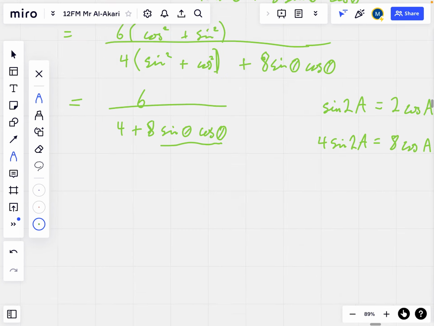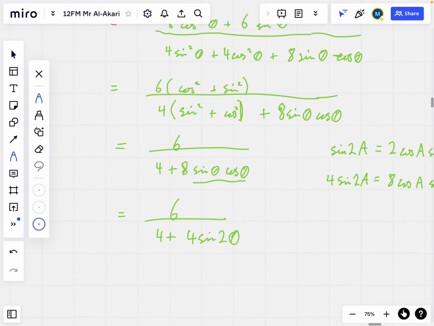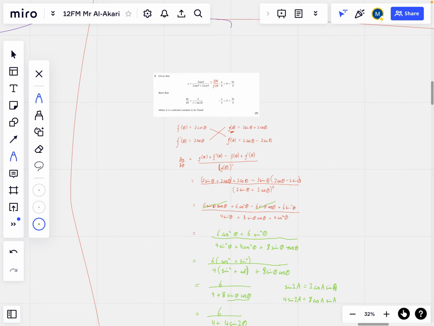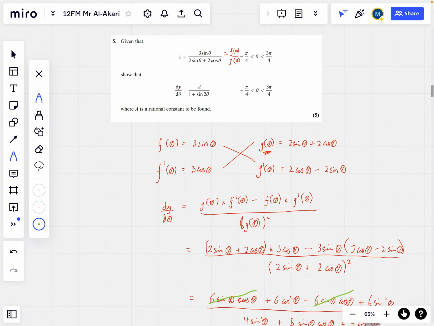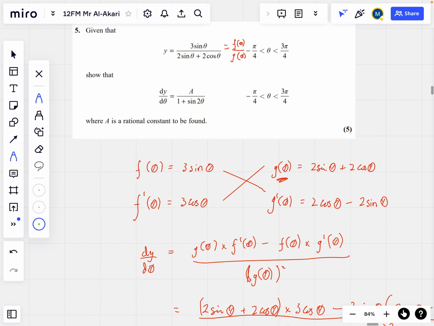So that's equal to 6 over 4 plus 4 sine 2 theta. Let's check what they give us initially. Okay, that's not exactly what we want, but I think we can do some rearranging to make it what we want.